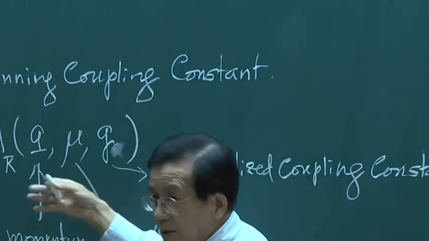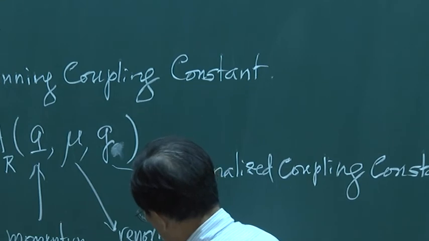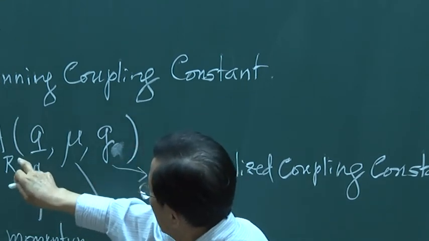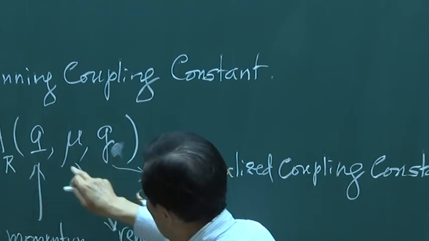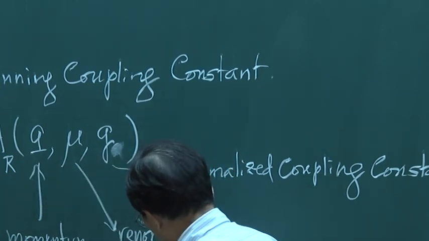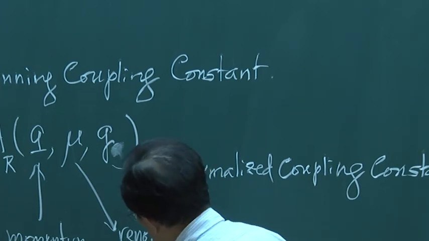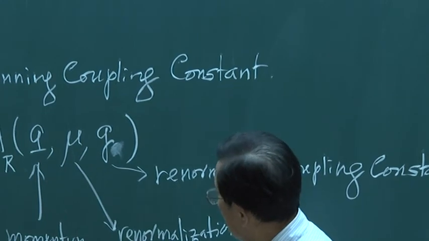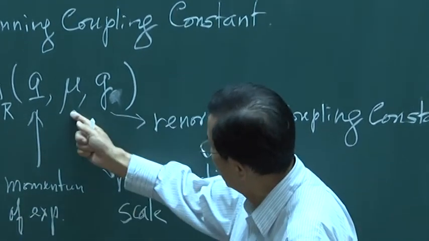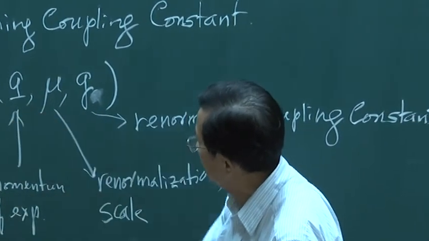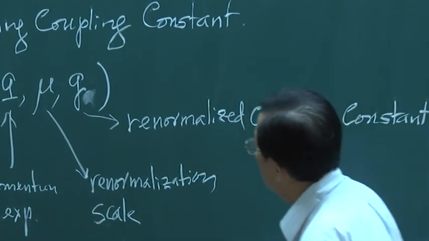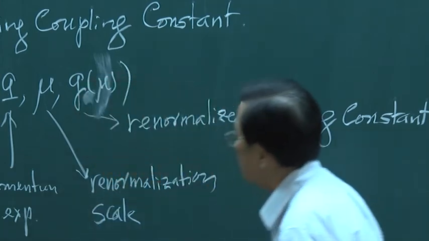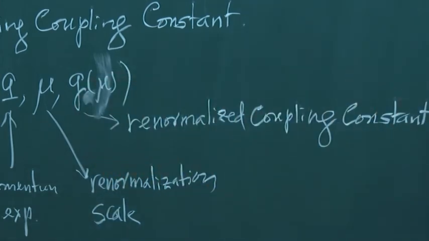And basically what you have to do is to choose just mu. It doesn't have to be identical because the amplitude may involve several momenta, but this mu should be of the order of Q. So choose this renormalization scale, renormalization point, which is comparable to the physical momentum. And then this coupling constant will also depend on this mu. Okay?